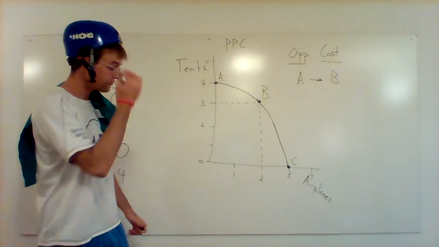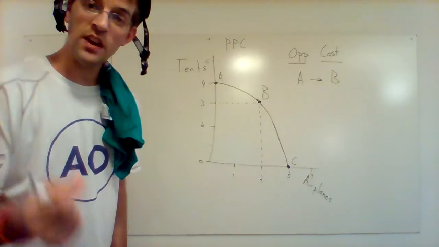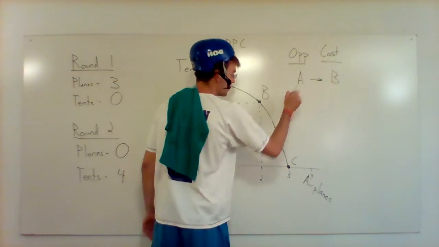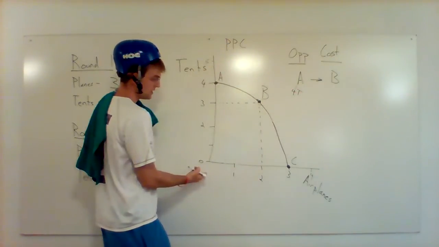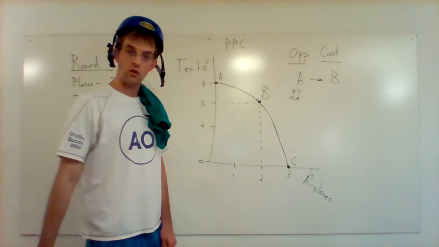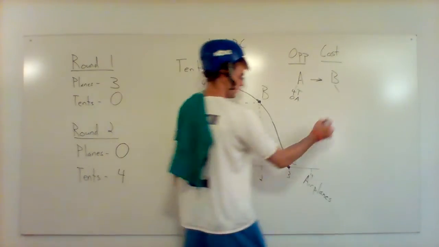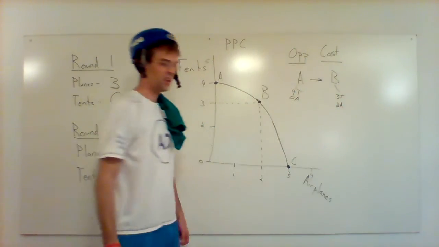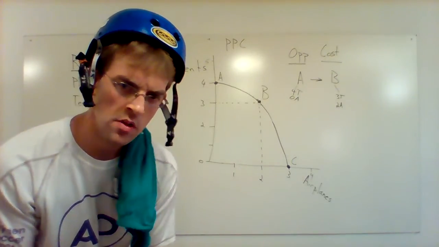Well, look here. Part of the thing that confuses kids, figure out what you're making at each point. At A, we know it's 4 tenths and 0 airplanes. So I'll just write 4T and 0A. At B, I've got 3 tenths and 2 airplanes. Think for a second. Which number got bigger, the airplane number or the tenth number?